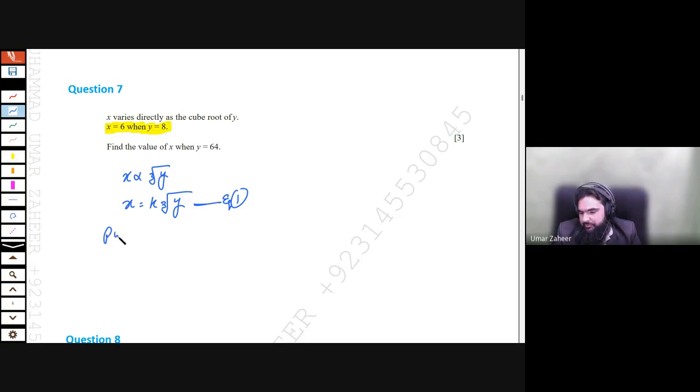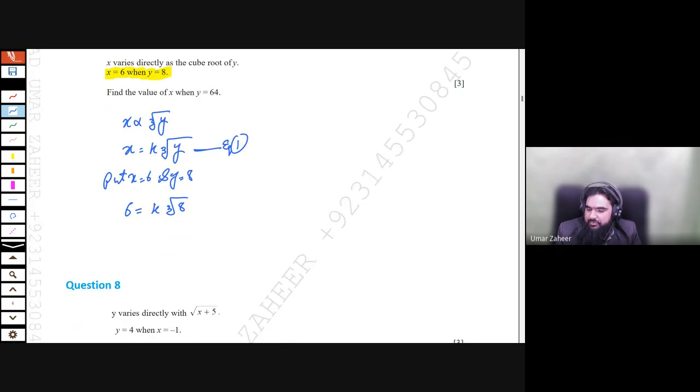So put x is equal to 6 and y is equal to 8 to find the value of k. The cube root of 8 without a calculator is 2, because 8 is 2 to the power 3, it will cancel out.